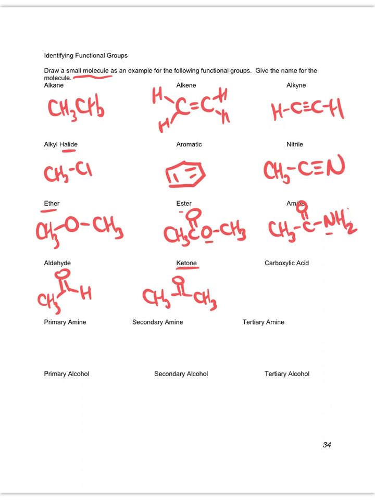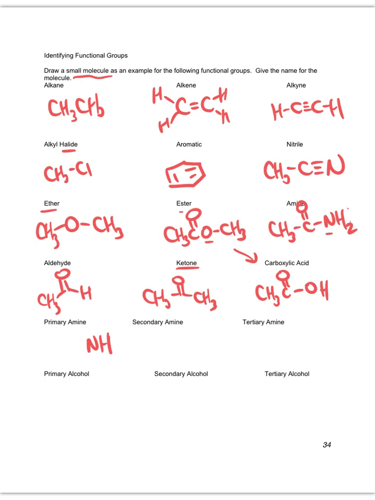Make it as small as possible. It doesn't have to be fancy in what you draw. A carboxylic acid is another one that has a carbonyl, and then off of that carbonyl it has an OH. So it's slightly easier than the ester because it has the hydrogen on the single bonded oxygen, instead of the carbon there. An amine in general is a nitrogen.